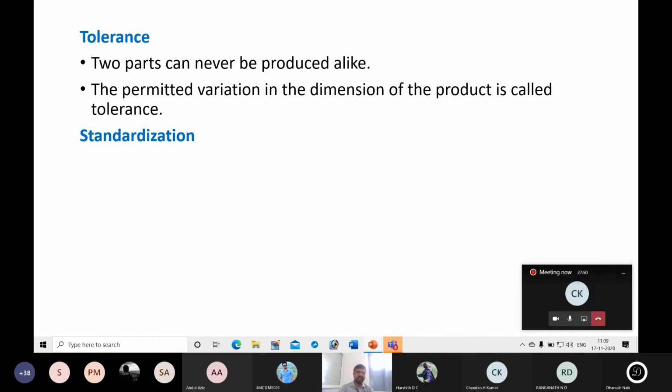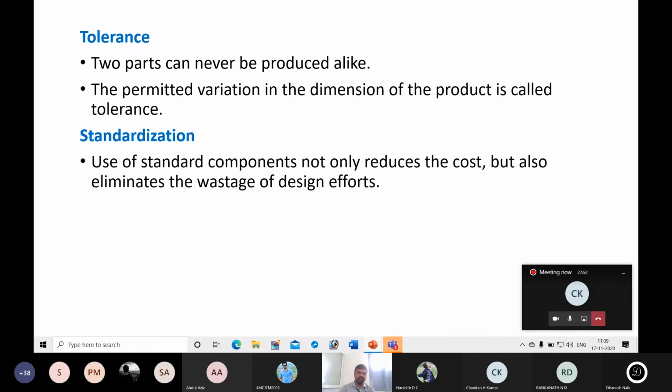Next, standardization. Use of standard components not only reduces the cost but also eliminates the wastage of design efforts. Again, you have practically realized in the CAD lab, you can make use of the design library. You can insert required threads, nuts, bolts, washers.